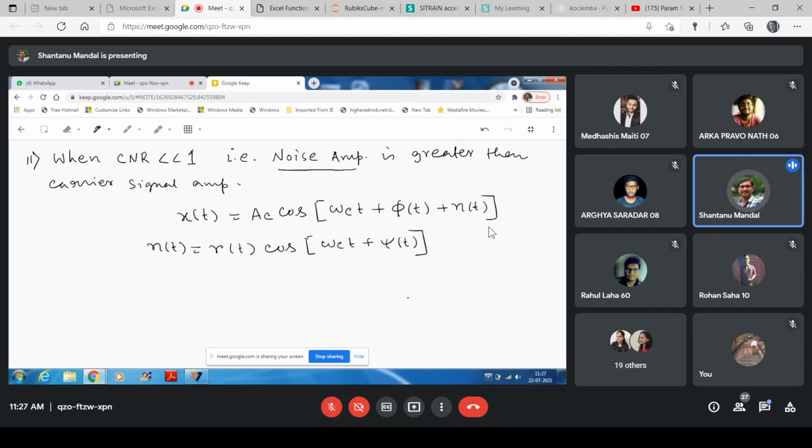So xt can be written as AC cos of omega ct plus phi t plus RT cos of omega ct plus psi t.